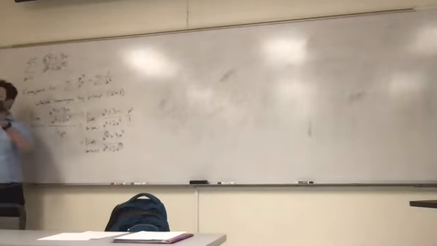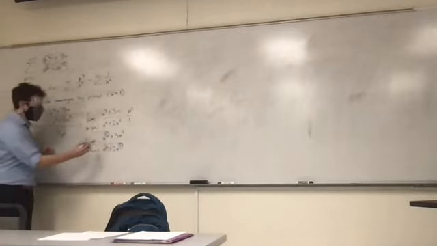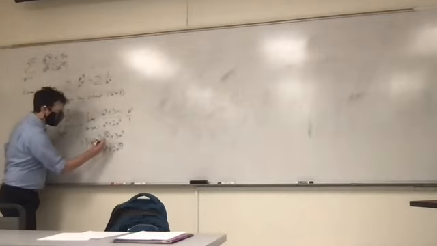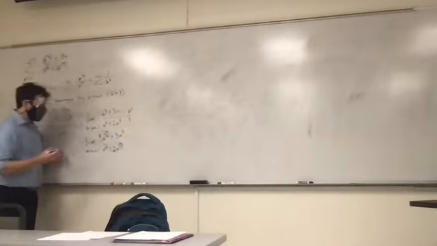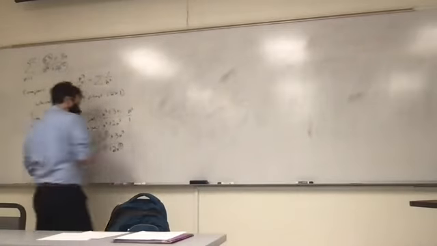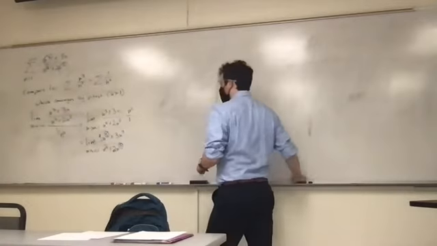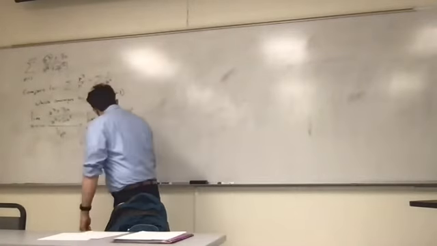And that means this is a horizontal asymptote. There's the 1 in front of that. There's the 2. And so this limit is 1/2.